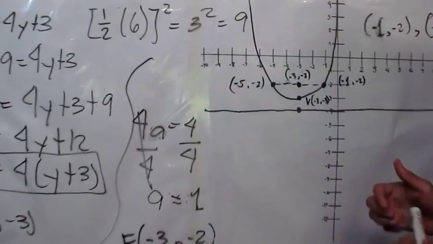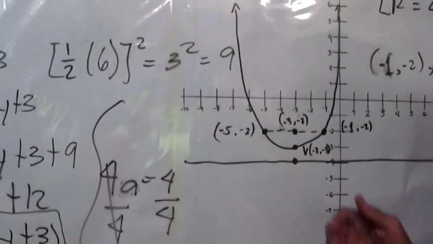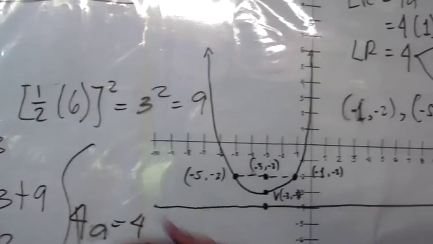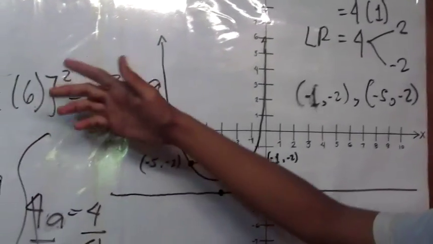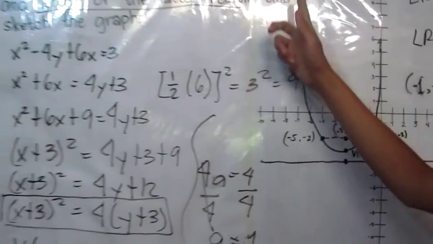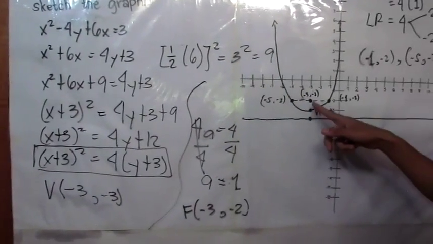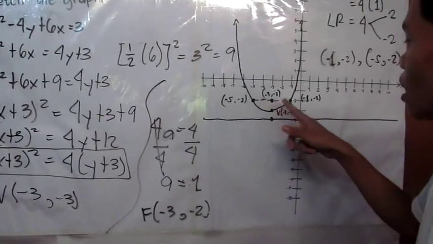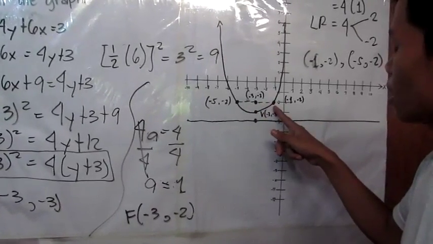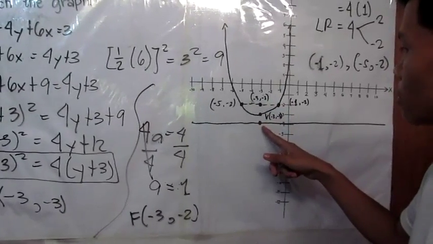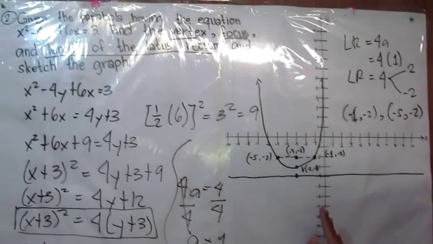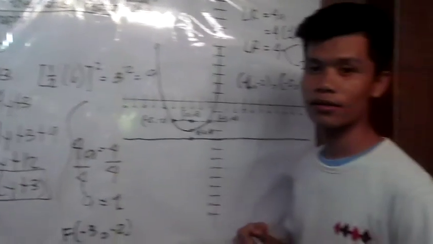So this would be the sketch of the graph of the given equation. So we already found and sketched the vertex, the focus, and the length of the latus rectum. This is the vertex, this is the focus, and the two endpoints of the latus rectum, and then the directrix of the graph. So that should be all. Thank you.